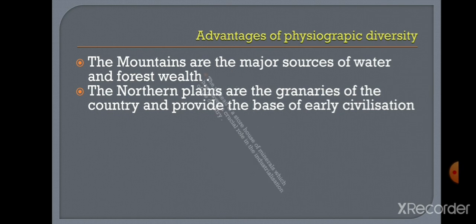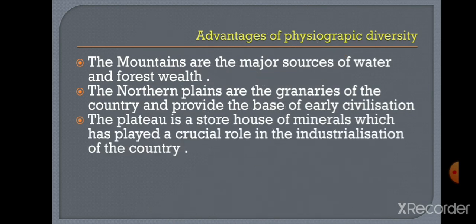After this, the plateau area. It is an area where you can find numerous minerals. When you have to think of coal, aluminium or steel or iron, you can find these things in the plateau area.